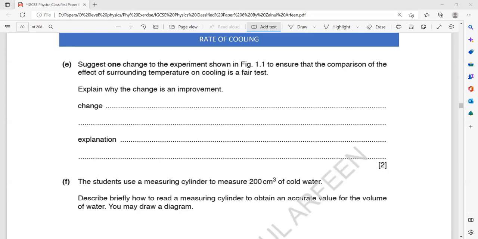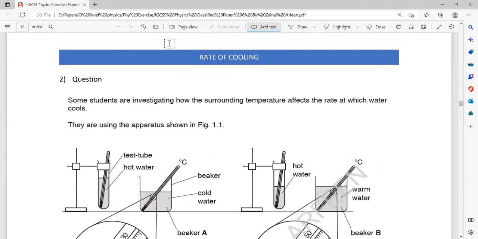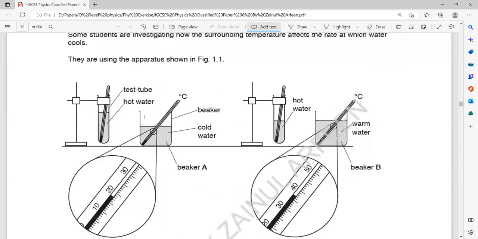Because if you insulate the beaker, how can the transfer of heat energy take place? If I insulate this test tube, then it won't be accurate, because we want the heat energy to be lost to the surroundings so we can compare.